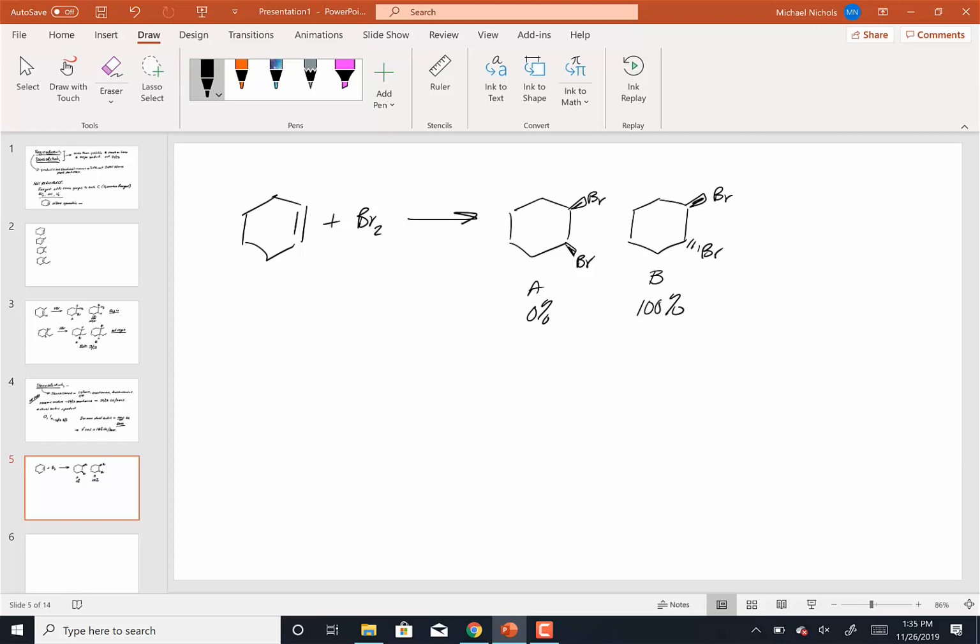What's the relationship between A and B? What kind of stereoisomers are they? They're diastereomers because the top carbon has the same configuration, the bottom carbon has the opposite configuration. Therefore, these 2 are diastereomers, so therefore they are stereoisomers. So this reaction has the possibility of forming 2 stereoisomers, and it has selected one 100-0.